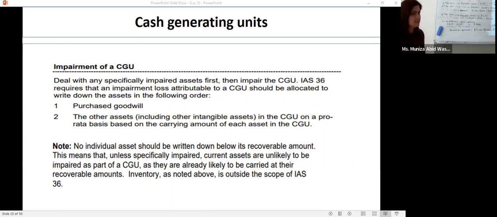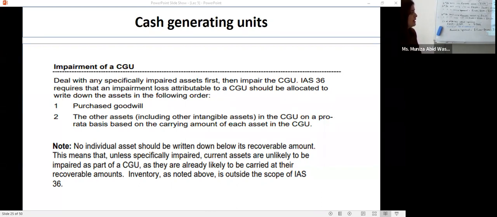First, we are going to set it against the purchased goodwill. Then the other assets, including other intangible assets in the CGU, on a pro rata basis, based on the carrying amount of each asset in the CGU.